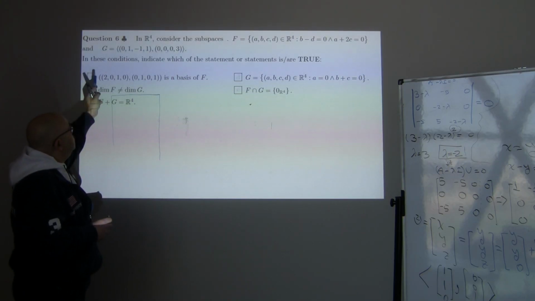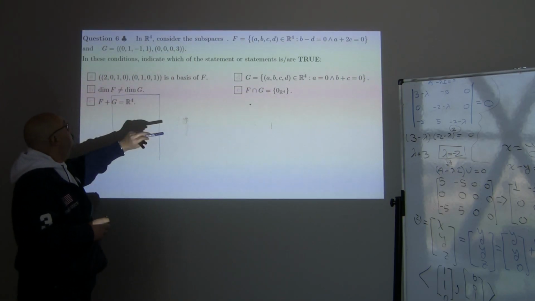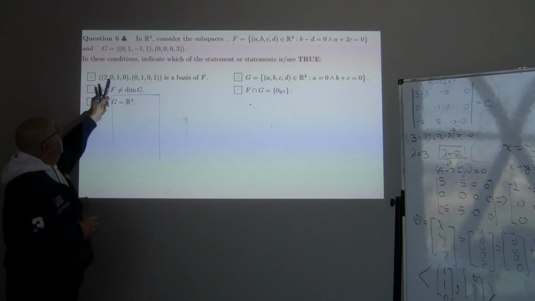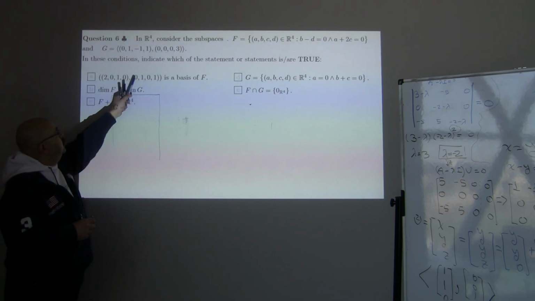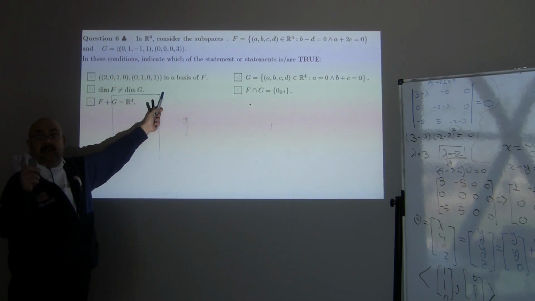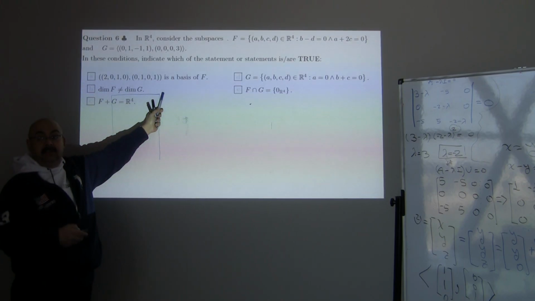هو بقى عايز يقول إن these conditions، which of the following statements are true or false. The first of them: هل 2010 و0101 is a basis for F؟ ما لازم تجيب الـ basis بتاع الـ F. أجيب basis الـ F إزاي؟ زي ما قلت لك دلوقتي.